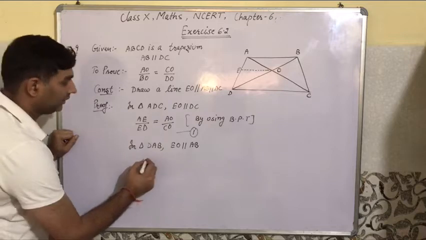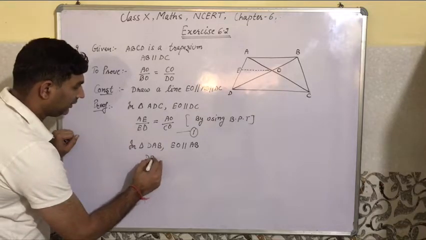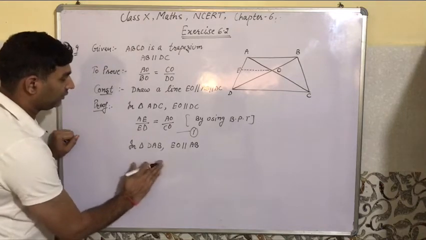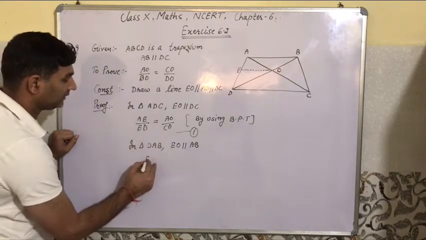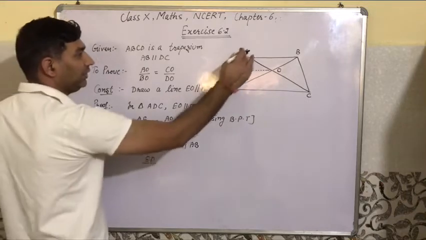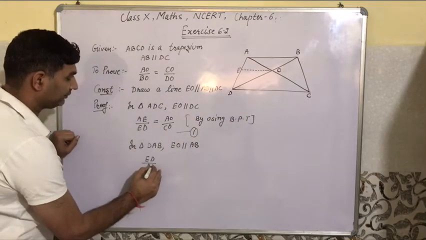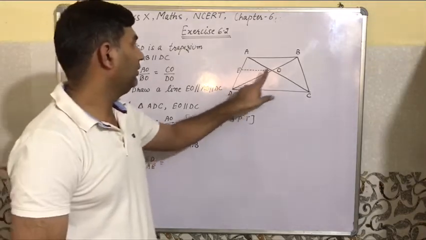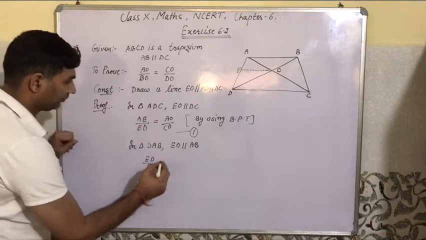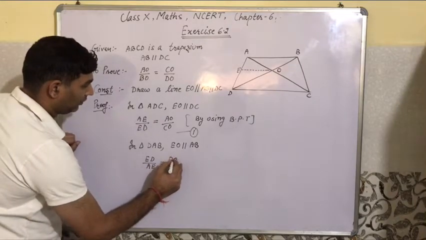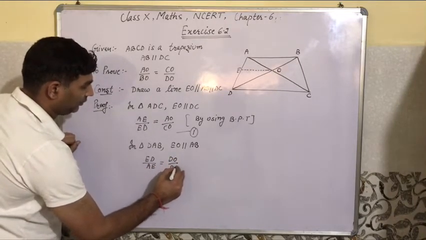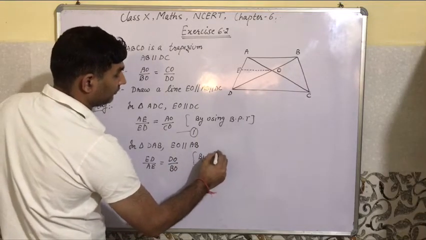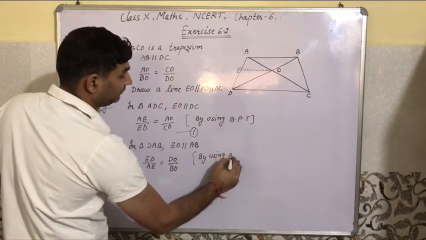Then what? ED upon AE, because we have written ED earlier, so you can write it as ED. ED upon AE is equal to what? This DO upon BO, by using the basic proportionality theorem.